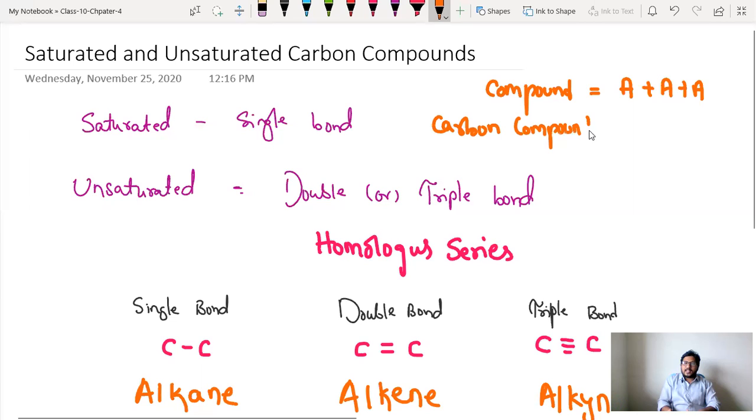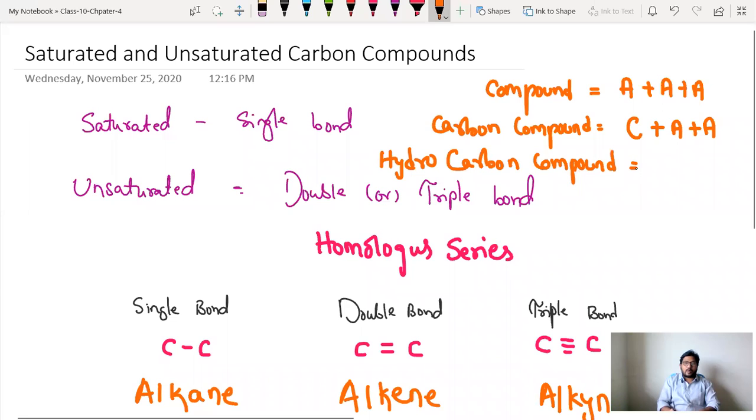Carbon compound is nothing but if one of the atoms is carbon and remaining are different atoms, we can call it as carbon compounds. We have another compound that is hydrocarbon compound. So three compounds, understand: normal compound, carbon compound, hydrocarbon compound.